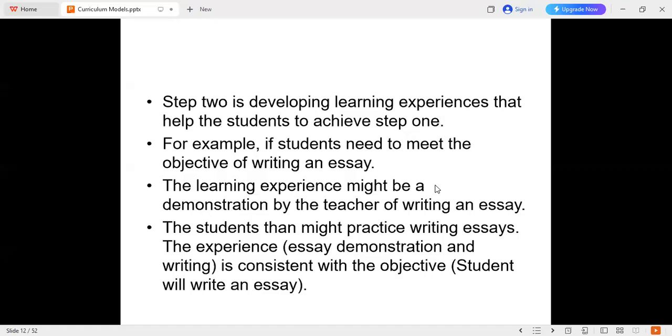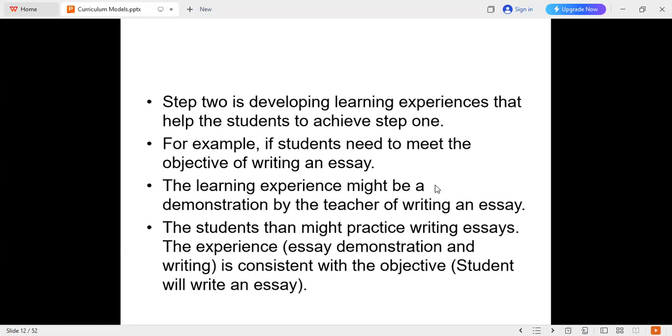The learning experience might be a demonstration by the teacher of writing an essay. The teacher should select a topic, define the topic, and collect information and evidence to include in the essay.